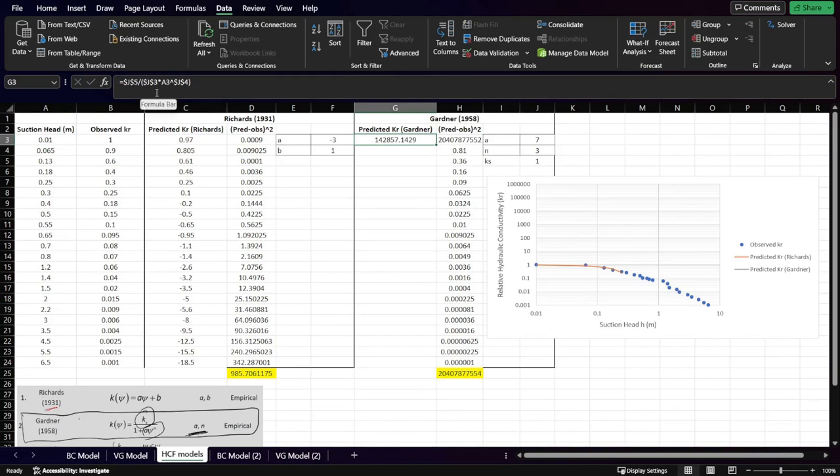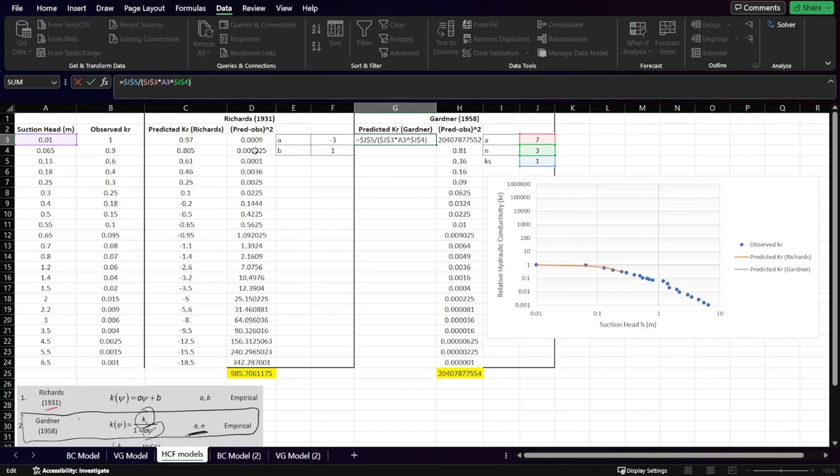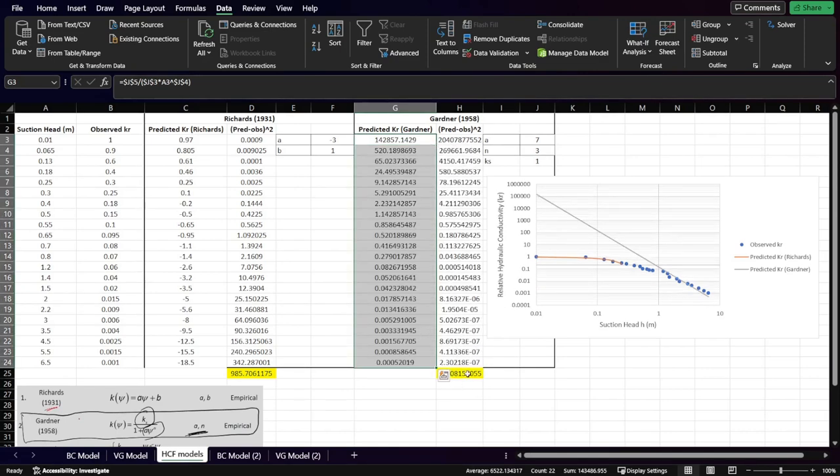There are some discrepancies, I think. Let's see. If we copy this one here, we see the model is not coming out very well.